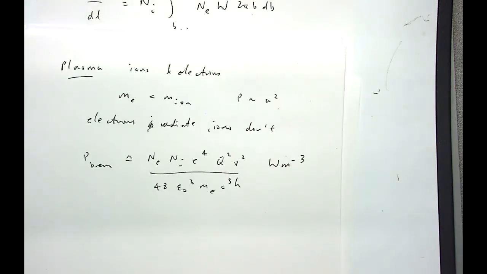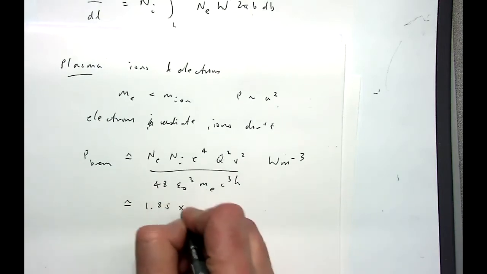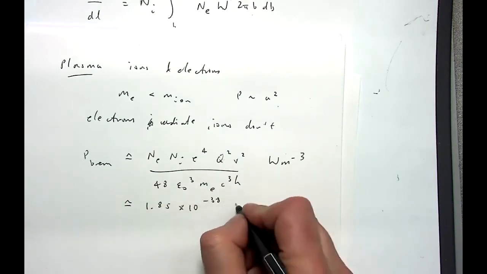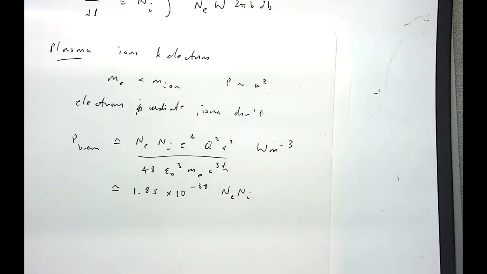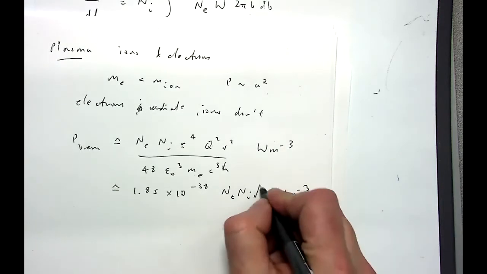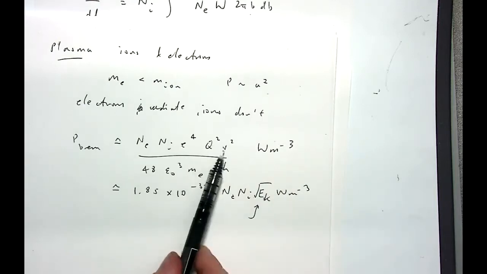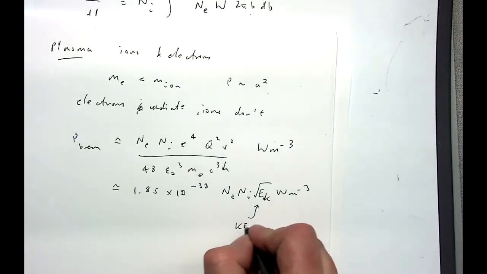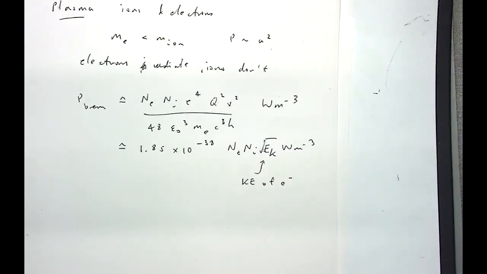And if I carefully work that number out, it's something like 1.85 times 10 to the minus 38 times the number density of the electrons, the number density of the ions, which of course may well be equal in most plasmas, and that's in watts per meter cubed. And this number is true when I give the electron energy. You see here the power goes as v squared, so it's proportional to the energy of the moving objects, here the electrons. And this E_K here is the kinetic energy of the electrons. So that's a numerical version of the expression above.